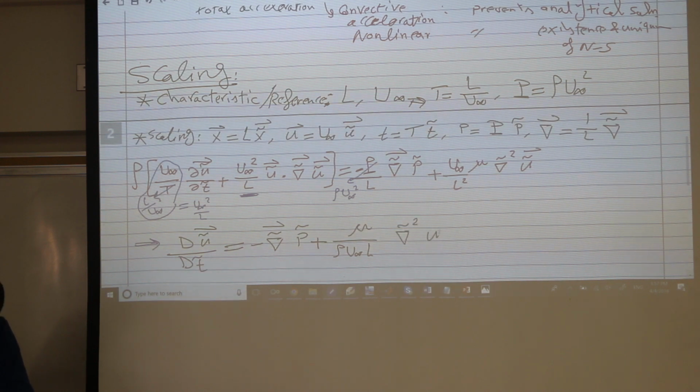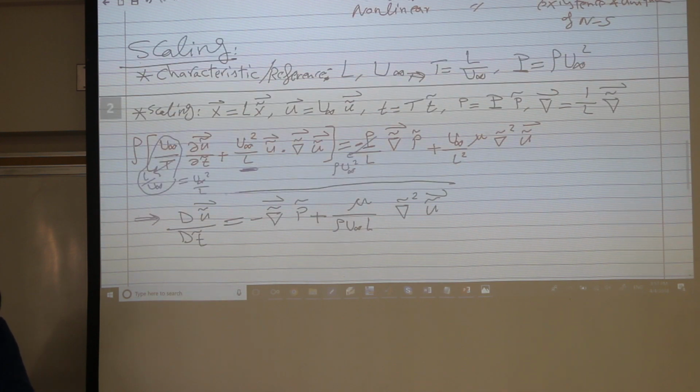Nabla squared U tilde. So this is your scaled equation. Everything is non-dimensional quantity, and you can see easily as you have done before, here is 1 over the Reynolds number. Okay?